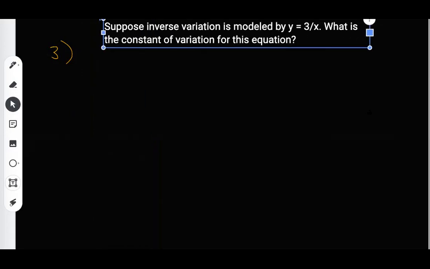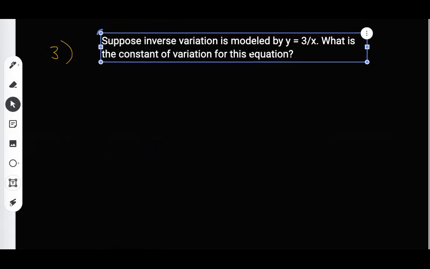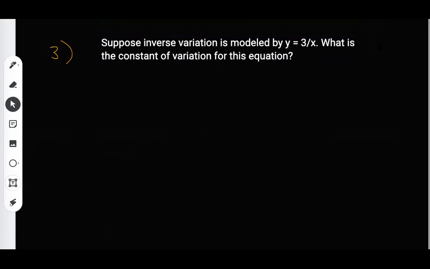What is the constant of variation for this equation? Okay. So suppose we have inverse variation, and it's modeled by y equals 3 over x. So then what is the constant of variation for this equation?